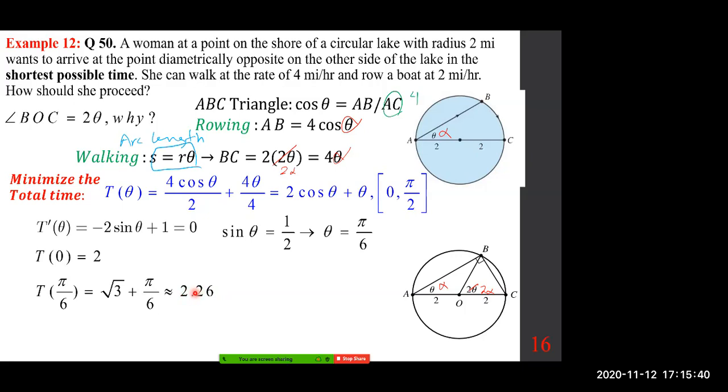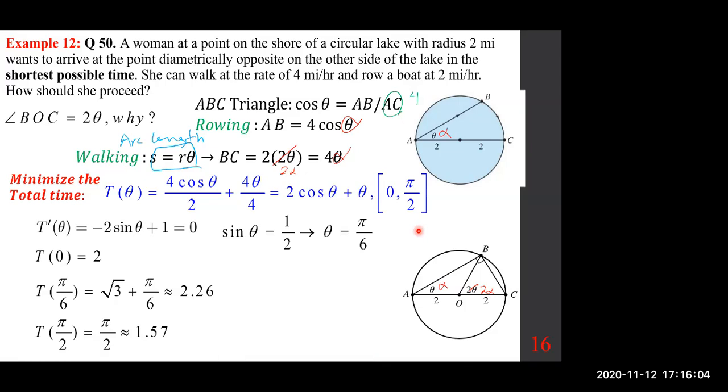If we plug in pi over 2, okay, let's see what happens. Pi over 2 cosine is 0, so that's out, plus pi over 2. What is pi over 2? We get 1.57, because, and this is rough class, 3.14 divided by 2. You don't have to go with more decimals. We are just estimating.